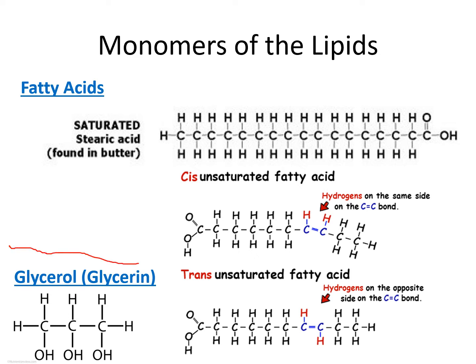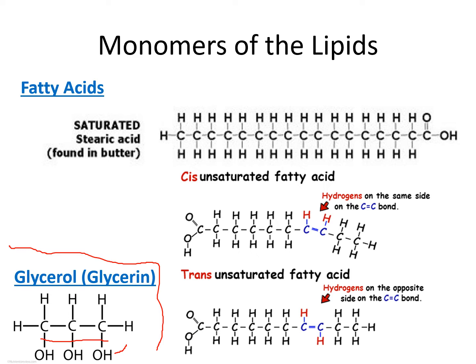First and foremost, we'll start with the easy one here. Glycerol, or glycerin, is a 3-carbon molecule with 3 hydroxyl functional groups attached. Essentially, glycerol acts more or less like glue, and it sticks together other types of lipid subunits.